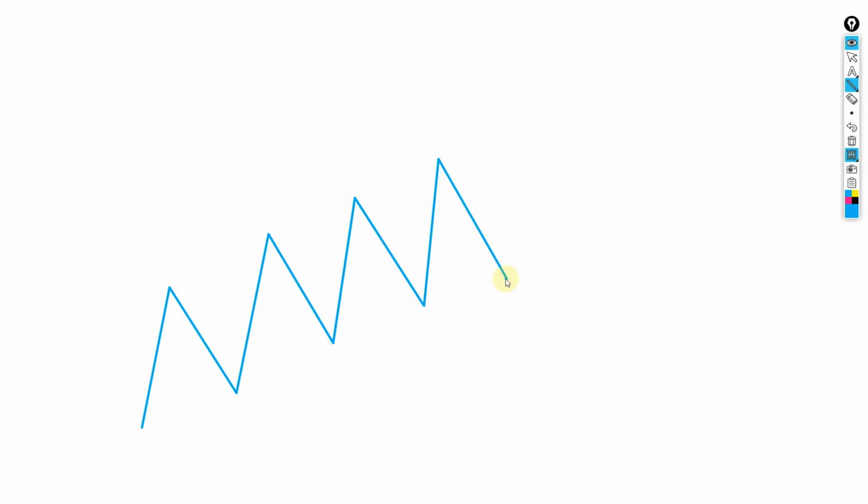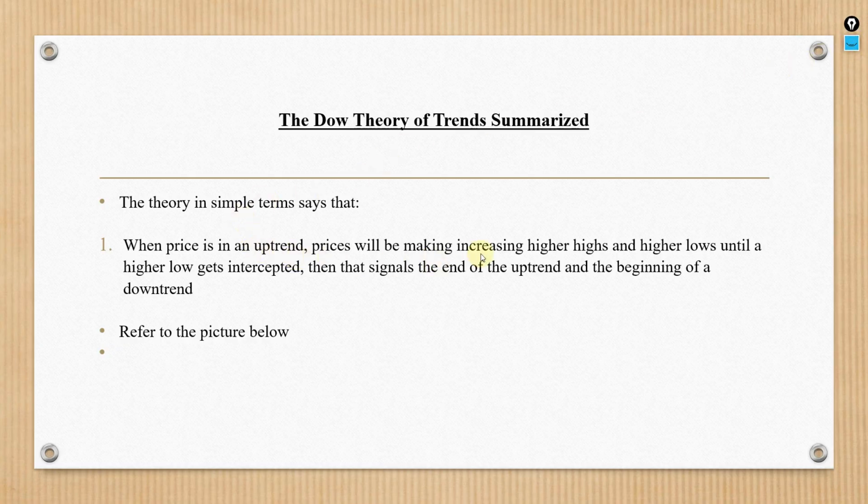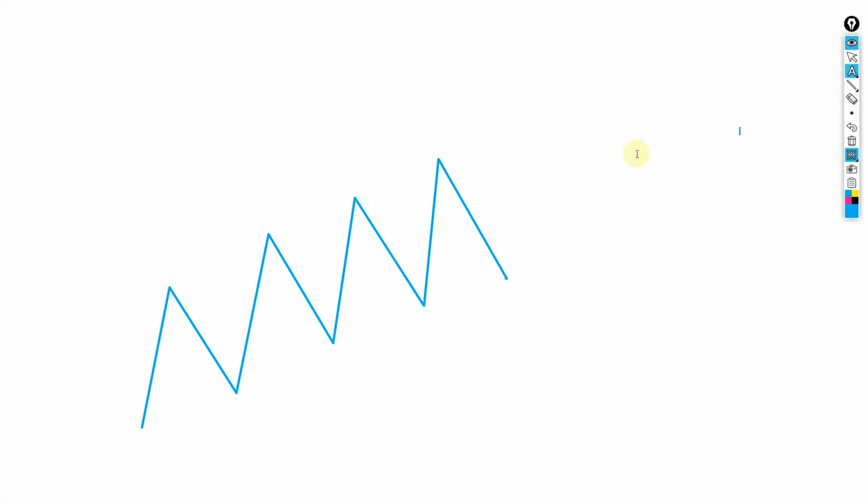What this guy is saying is price will be making increasing higher highs and higher lows. So let's start by identifying the highs and the lows. This is the starting of the trend, and we can call it the low. This is higher than this, so we'll call it the high.